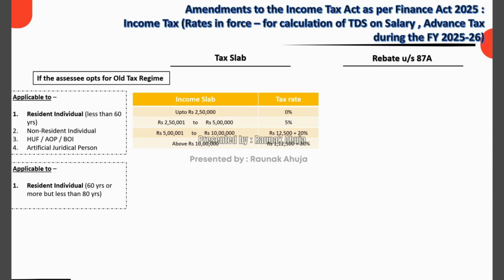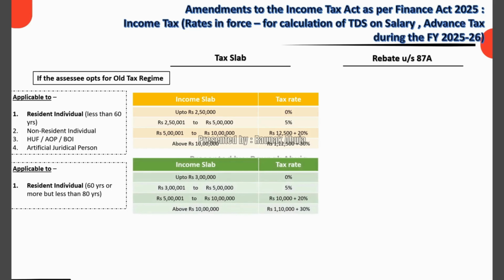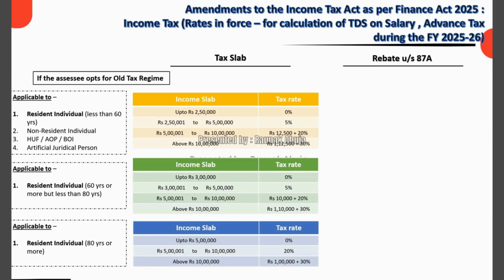In case the person is a resident individual who is a senior citizen, up to 3 lakhs 0%, 3 lakhs to 5 lakhs 5%, 5 lakhs to 10 lakhs 10,000 plus 20%, above 10 lakhs 1 lakh 10,000 plus 30%. In case the resident individual is more than 80 years, the income tax slab would be as such: up to 5 lakh 0%, 5 lakh to 10 lakh 20%, and above 10 lakhs 1 lakh plus 30%.